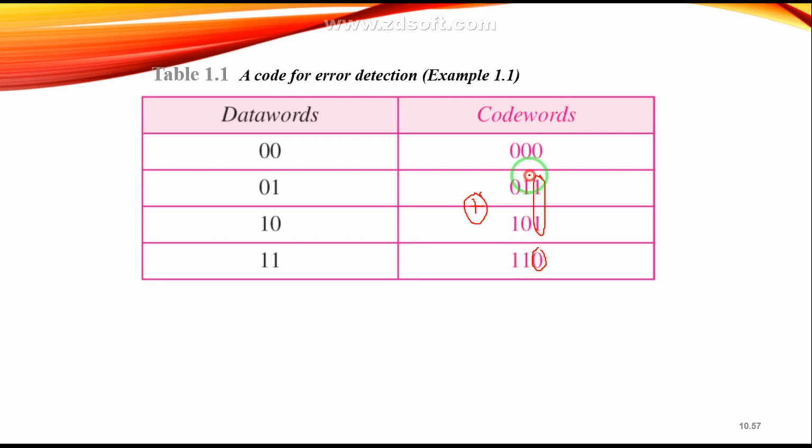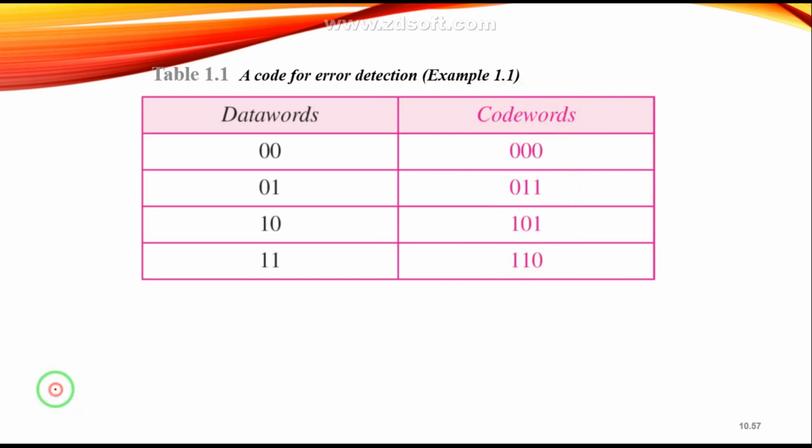Similarly, if you compare 1 and 0, they are dissimilar bits, so the output of XOR is 1. And last, 0 and 1, since the two bits are different, the output is 1. So you can observe that this is a valid code word present in this table.